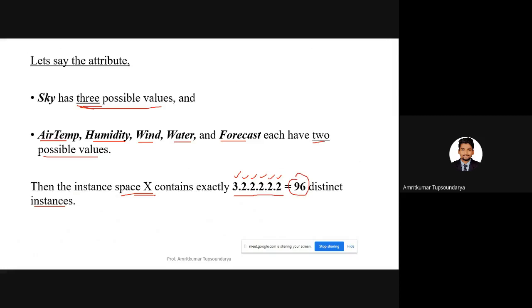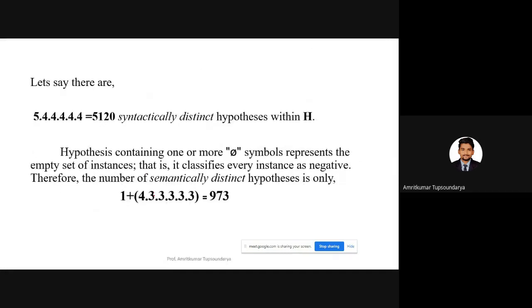Having said that, let's have a similar calculation. 5 × 4 × 4 × 4 × 4 × 4, that product comes to around 5120.